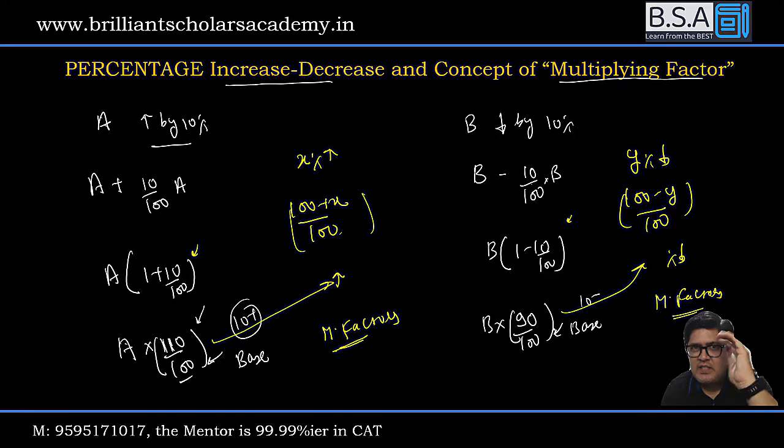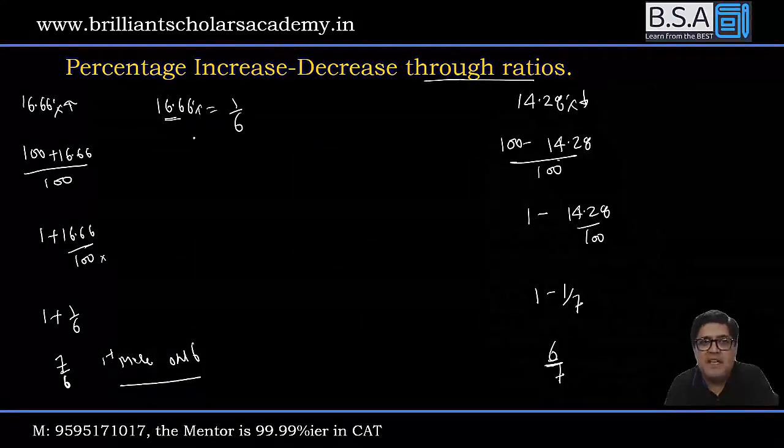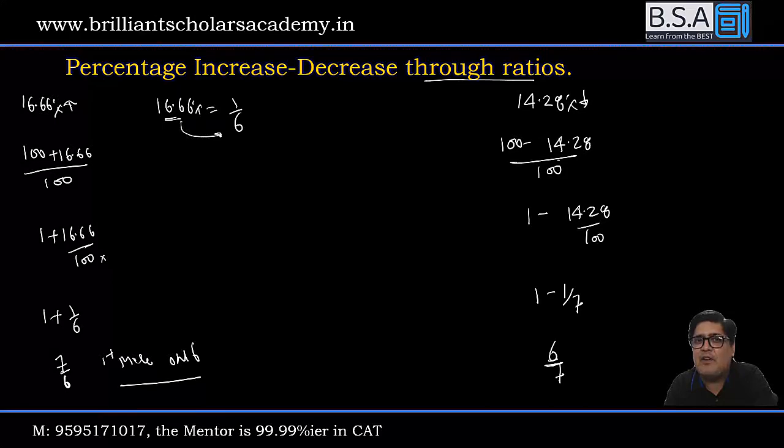Now I am basically changing the base. 16.66 has a base of 6. दिख रहा है 6 के ऊपर I have more numbers. How much more? 1 more. So 1 by 6 more. 1 by 6 is 16.66% more. Forget the decrease.